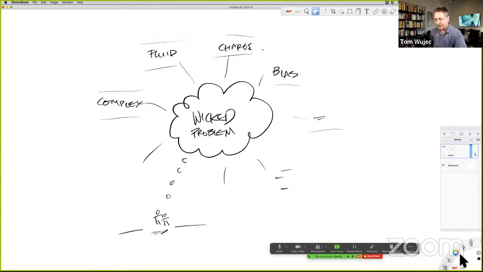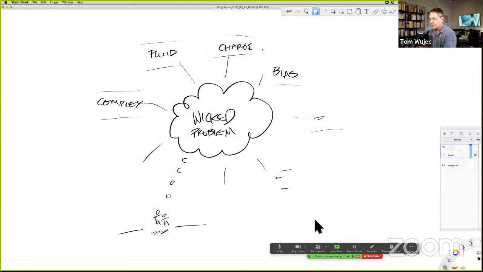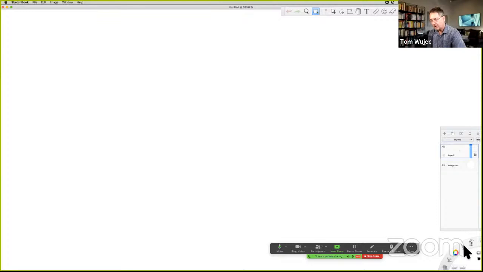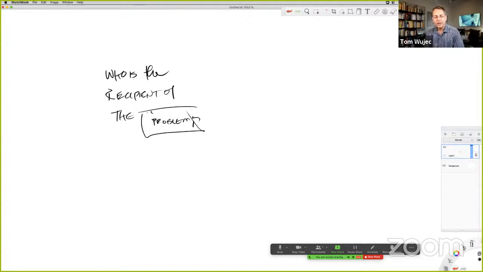So what we're going to do here is figure out who is the recipient of the problem, the issue, the product, so this is like who will do that.